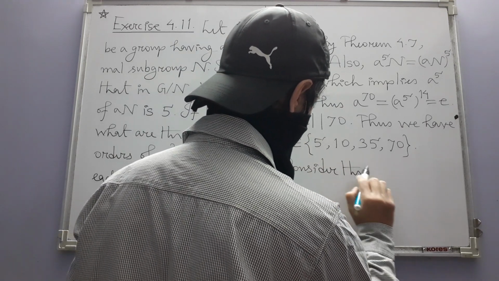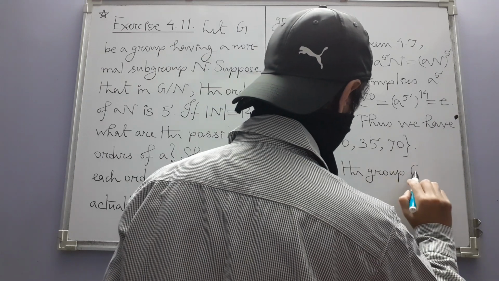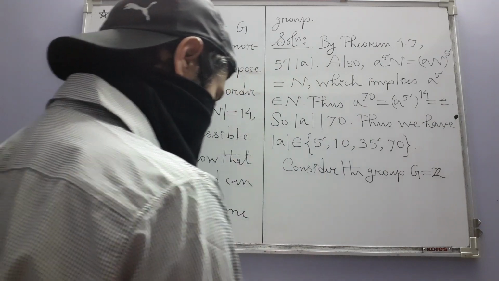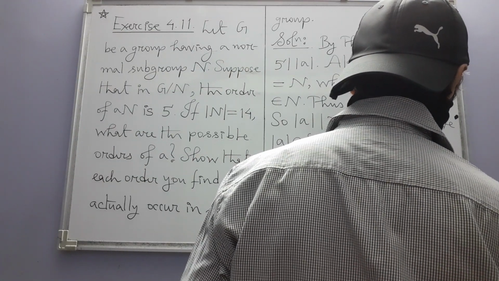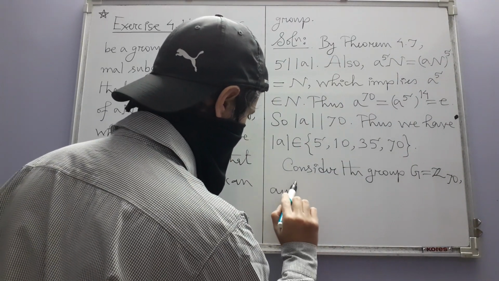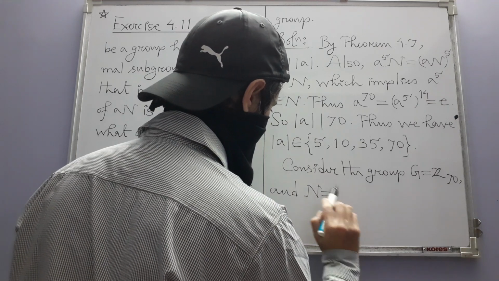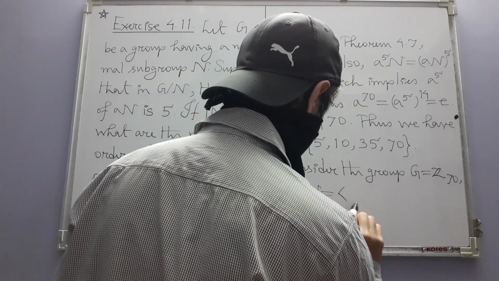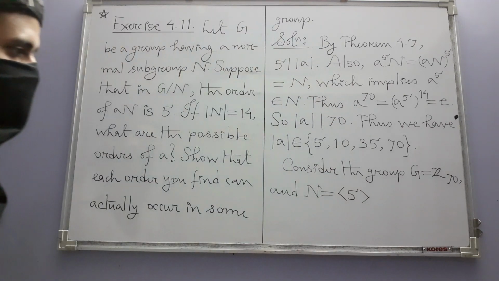Consider the group G equal to this modular group Z70 and N to be the cyclic subgroup generated by phi.